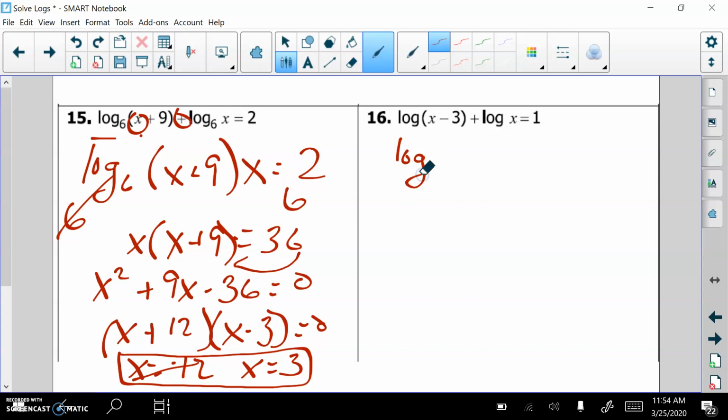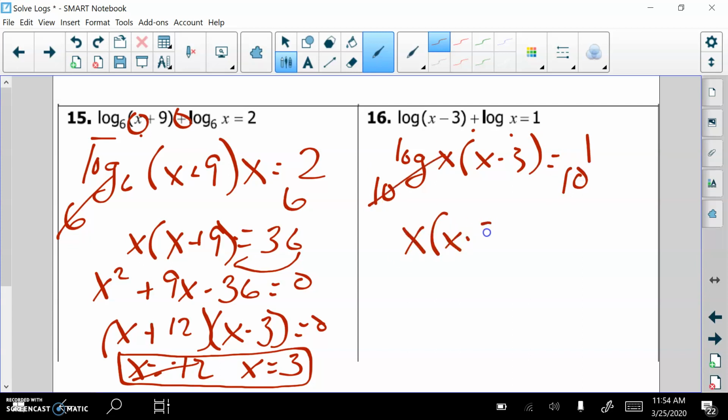Log add is times. I'm going to do it clean this time. X times x minus 3 equals 10 to the 1st power. X times x minus 3 equals 10. X squared minus 3x minus 10 equals 0.